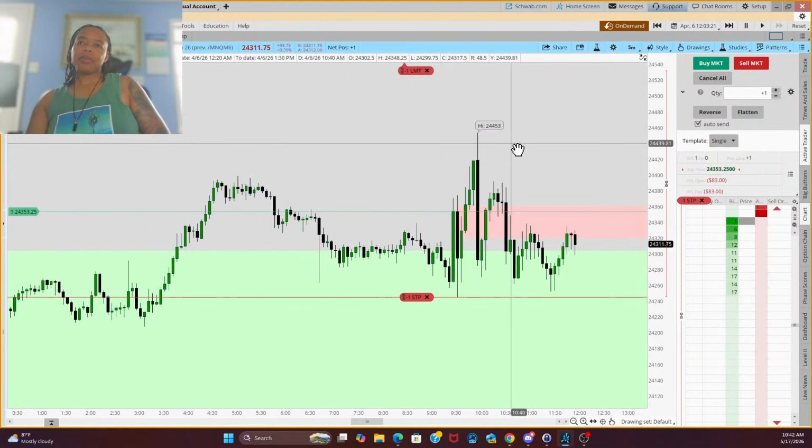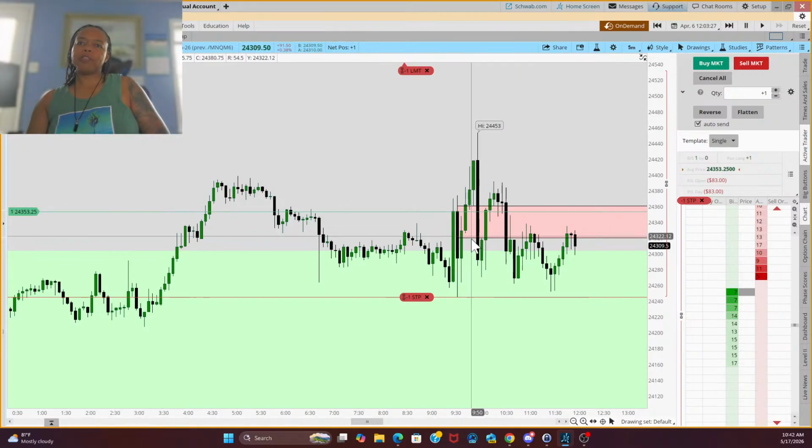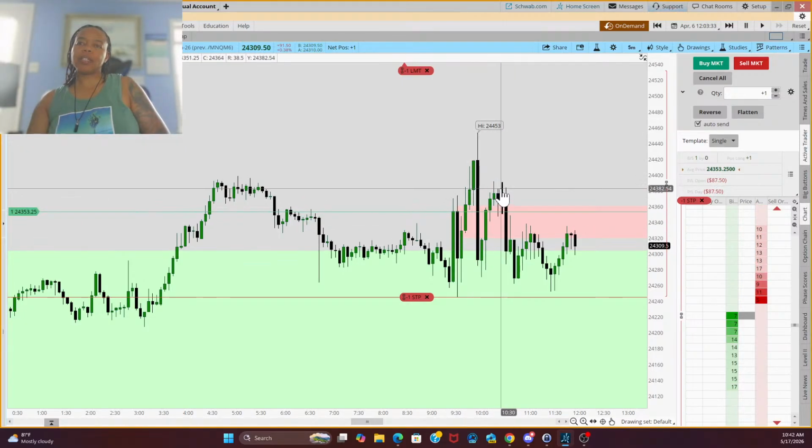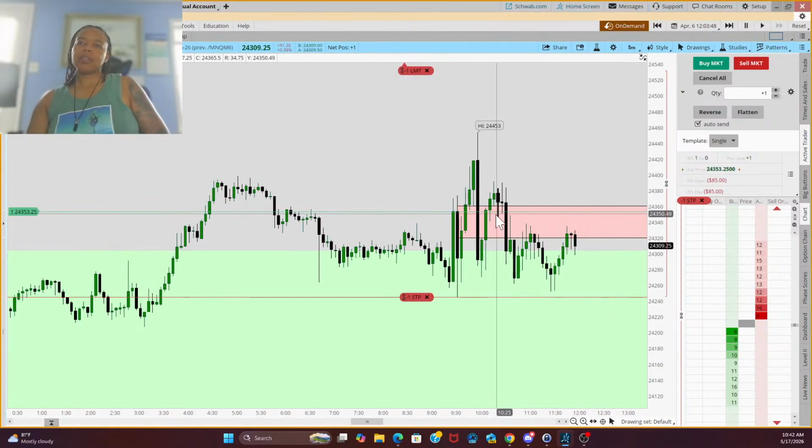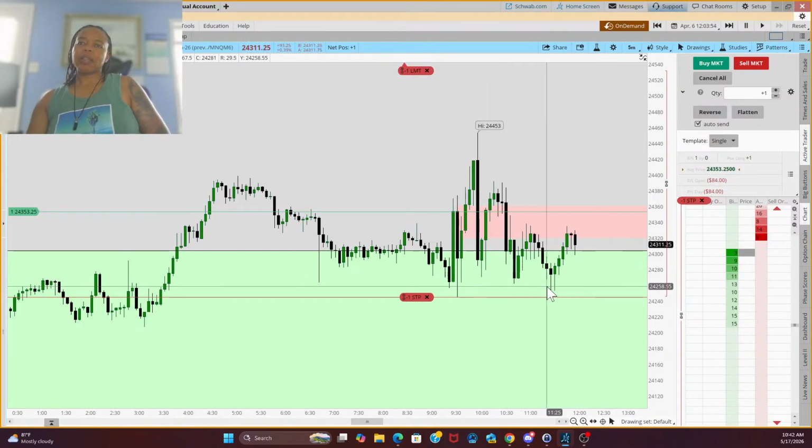Basically, since we got into this trade right here, we were in profit for like 2 seconds, and we've been in drawdown the entire time going sideways. And we've been slowly making lower lows.